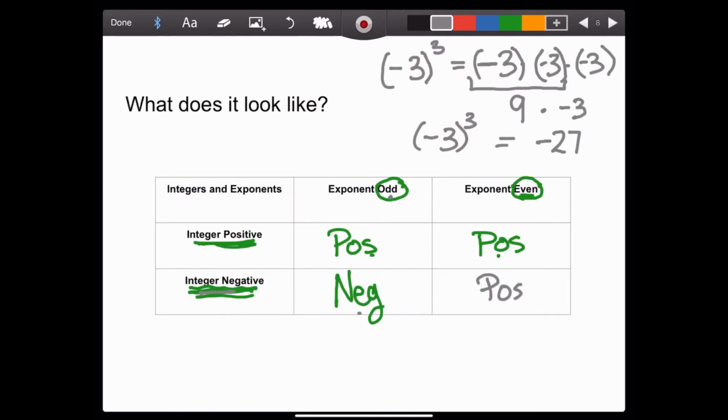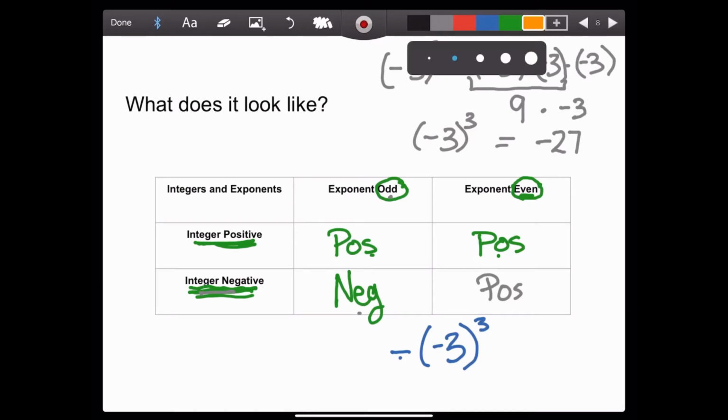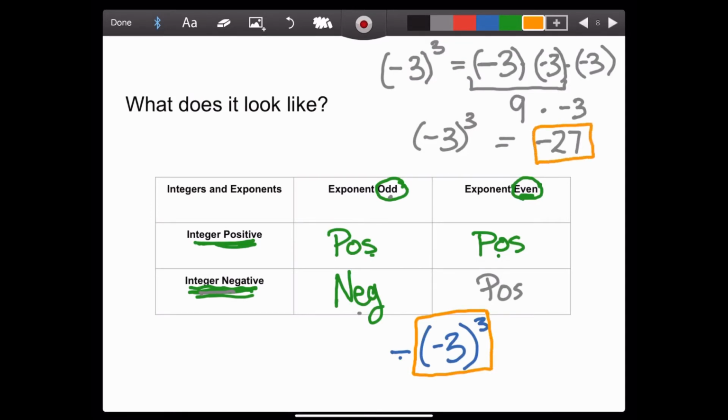However, remember we talked about if I had a negative here and then I have a negative 3 here, so there's 2 negatives, and then I'm raising the negative 3 cubed, right? Which we said was negative 27. So I have a negative 27 here, but I'm multiplying it by another negative out here.